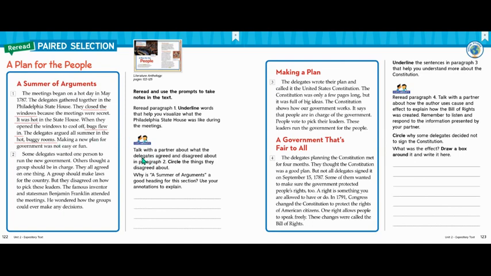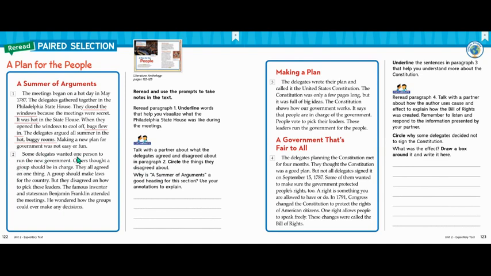Our next question says, talk with a partner about what the delegates agreed and disagreed about in paragraph 2. Circle the things that they disagreed about. So we're going to read paragraph 2, and as we read it, we're going to look for things that the delegates disagreed about.